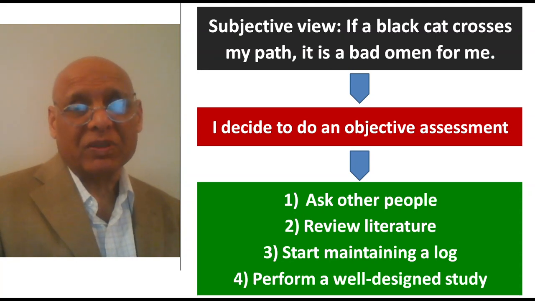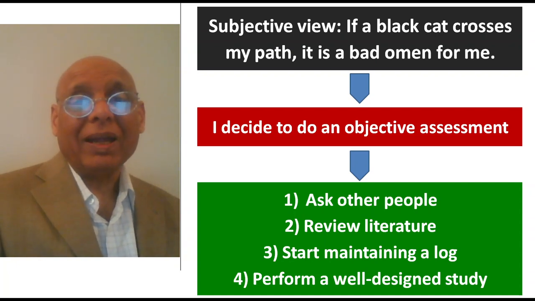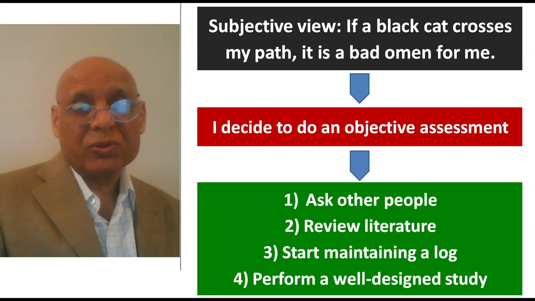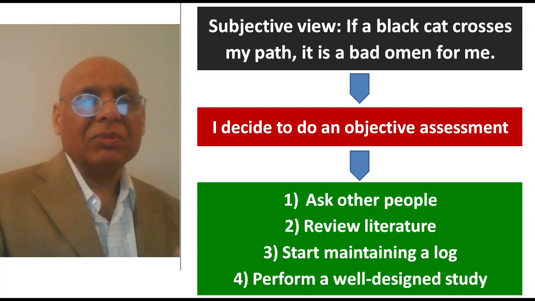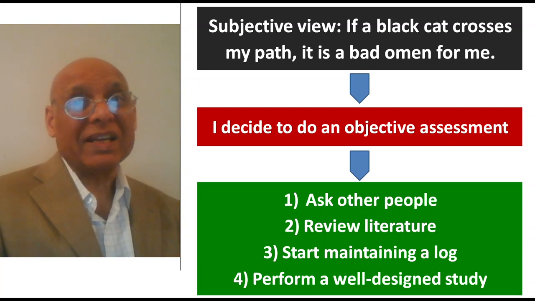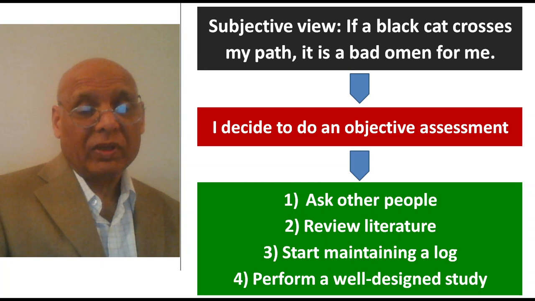I learned it from somewhere, and I exactly don't know how I had acquired this belief, but I have a belief, and now I want to see whether there is any truth to this personal belief or not. So I decide to do an objective assessment of my view.